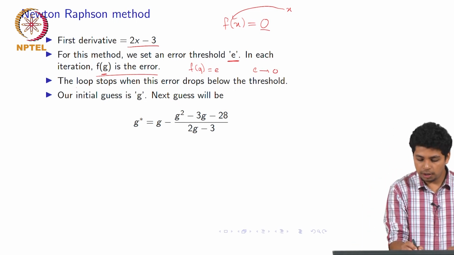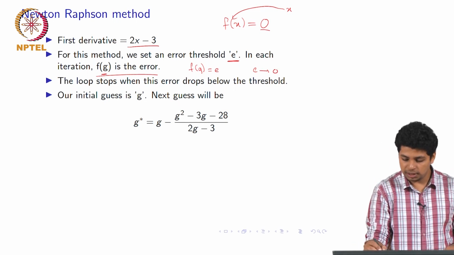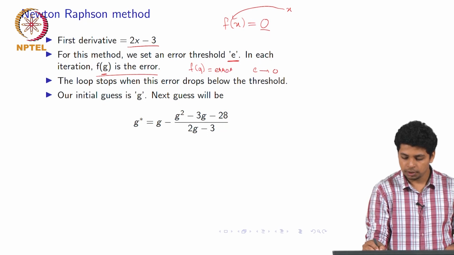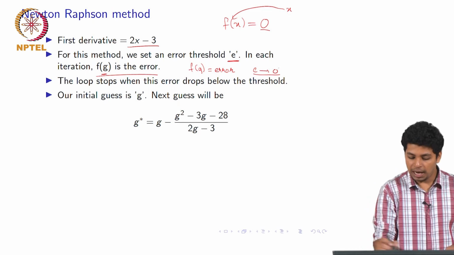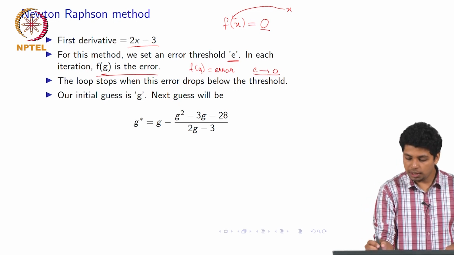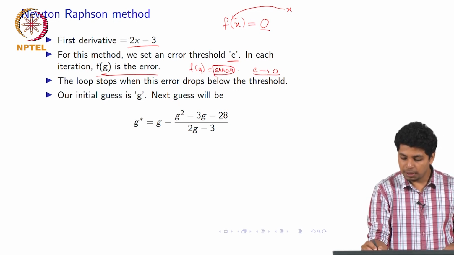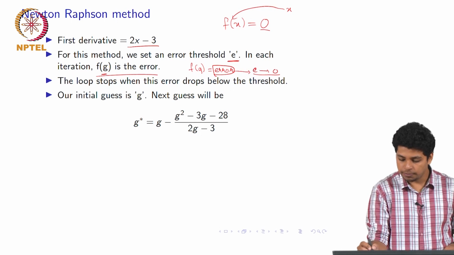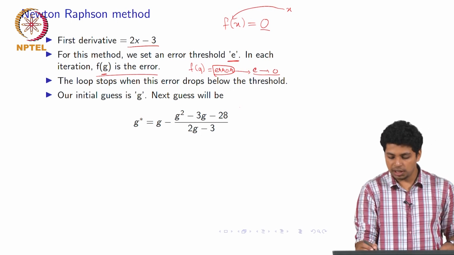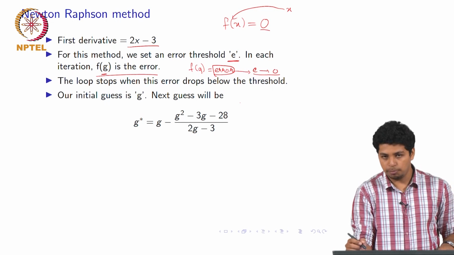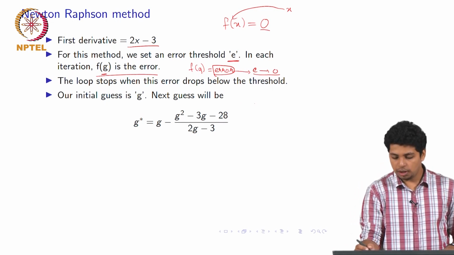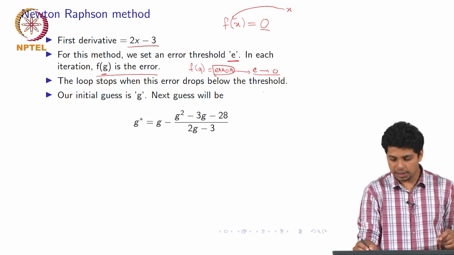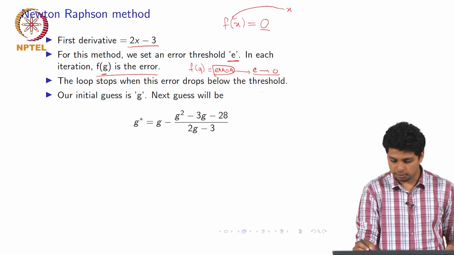Now we set this error threshold, and the loop stops when the value of this error becomes less than e. Why that is important is because we want to stop the guessing at some point. We do not want the loop to run infinitely, and a little bit of error is tolerated.